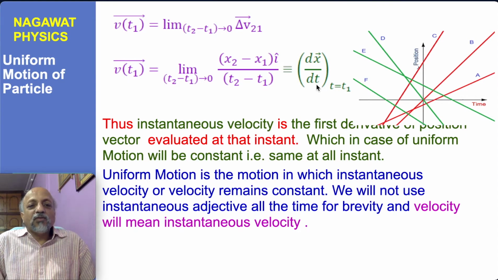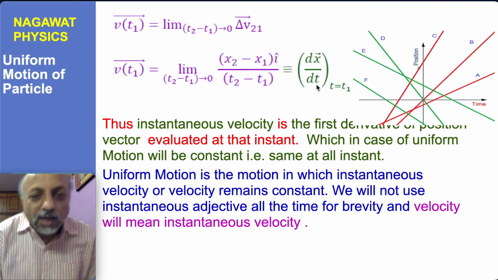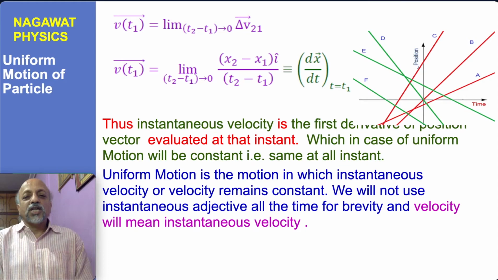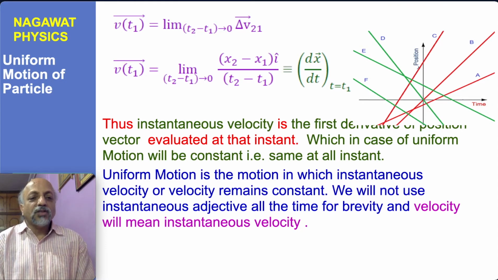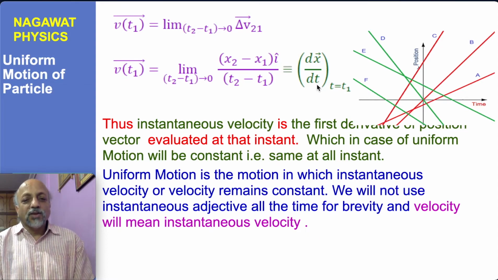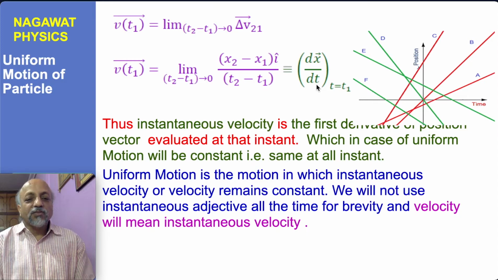And later we will find that the average velocity I have used here as a concept is a good physical quantity for uniform motion, but I am using it only as a concept here. In our later discussions, whenever I say velocity, I will mean instantaneous velocity. So the default meaning of velocity will be instantaneous velocity, because the adjective instantaneous is very long and takes space in writing, so we will omit it in speaking as well as in writing.